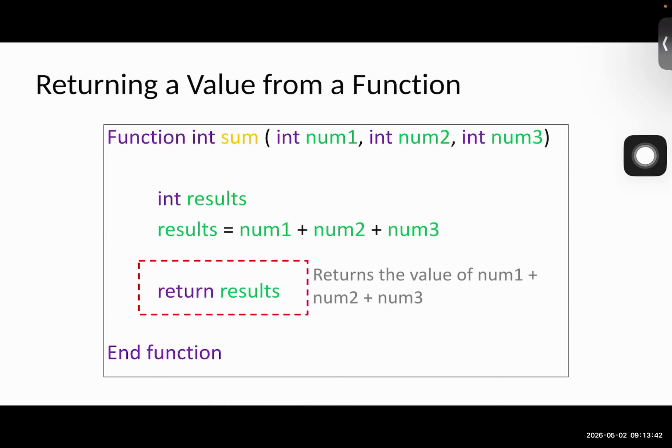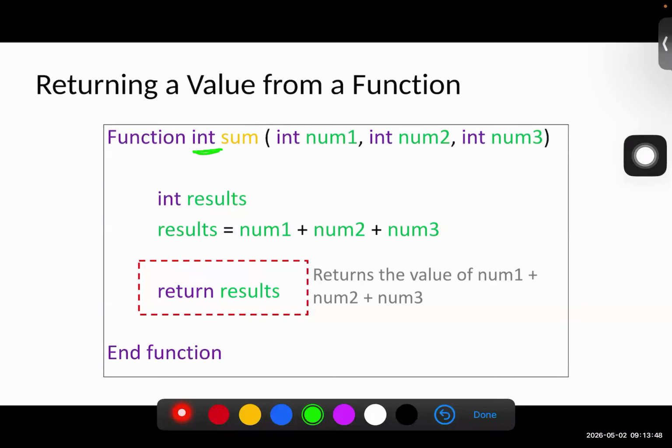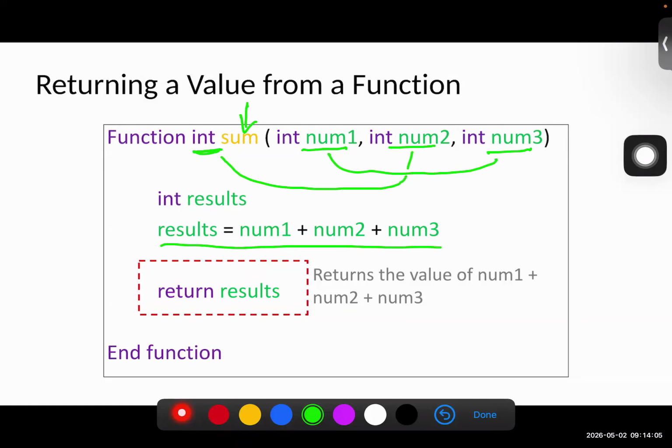So for example, look at this example. In this example, we have a function which is an integer function called sum. We are going to pick num1, num2, num3, add them together, and then return an integer. So we have that written over here. Then we have the answer as results, and then we want to return results.